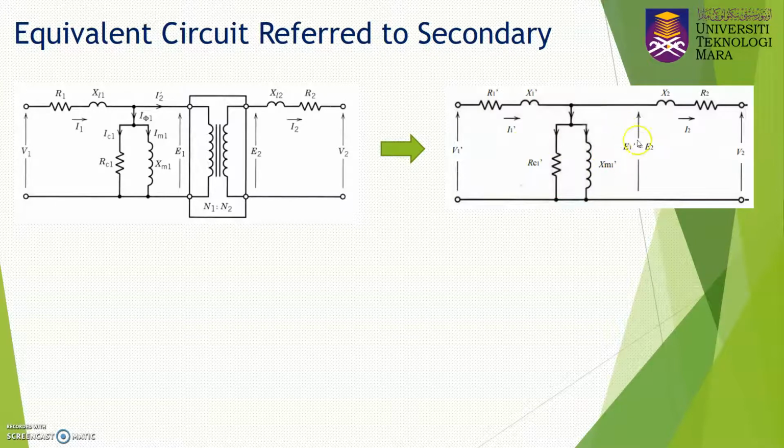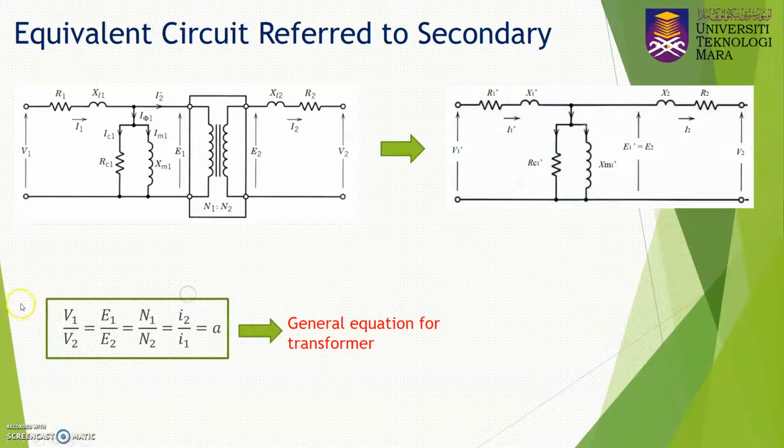And then you also have E1 prime, because now you refer your primary side to the secondary side. And then the values at the secondary side remain. You have X2, R2, V2, and E2. Alright, so how do you get all these values?